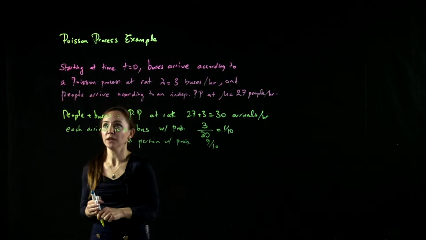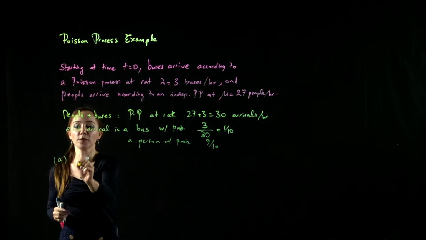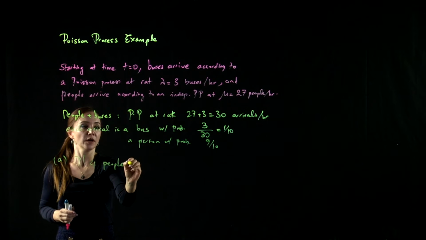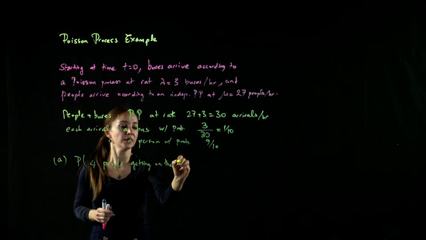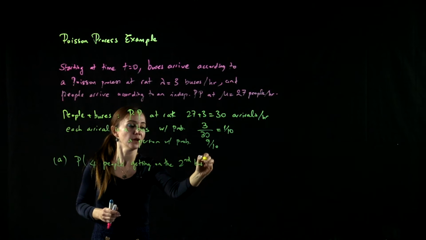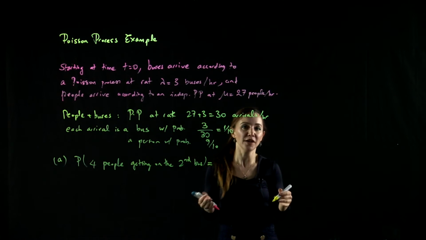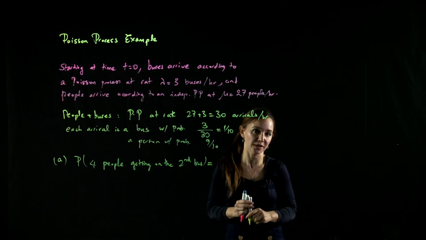Now, accordingly, first of all, let's do part A. What is the probability that there are 4 people getting on the second bus? We're assuming, of course, that people who arrive at the bus stop will definitely get on the next bus that arrives.